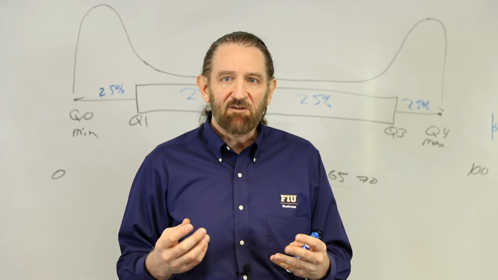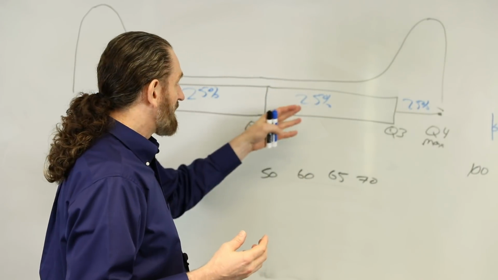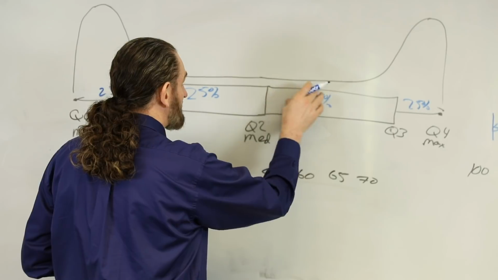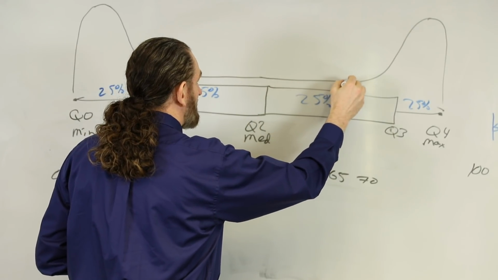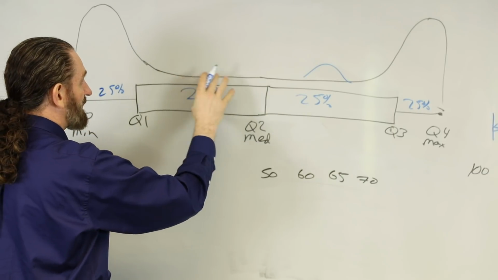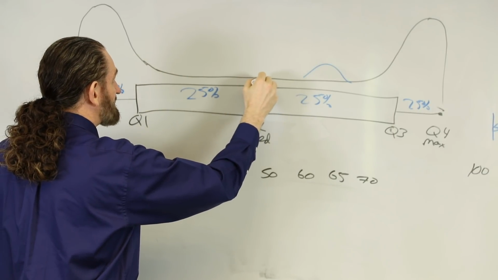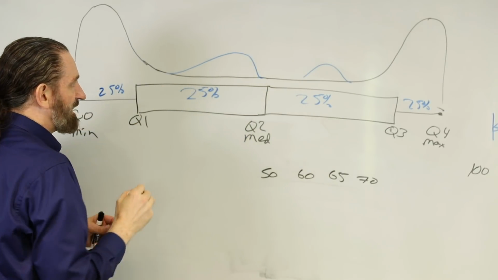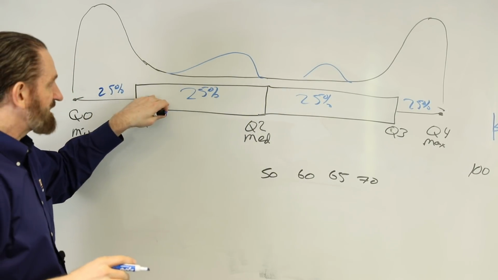And when you do that, it's much better to be able to actually look at what happens within a particular quartile. It could have been that in this quartile we might have had another little lump up in there as well. Or maybe we had no lump here. Or maybe we had another one right here close to the median, and it went up and then back down again. We don't know, because we don't know what's inside of there yet.